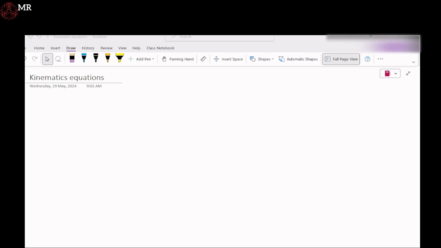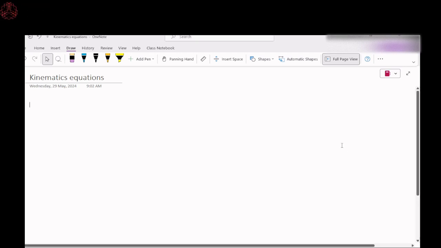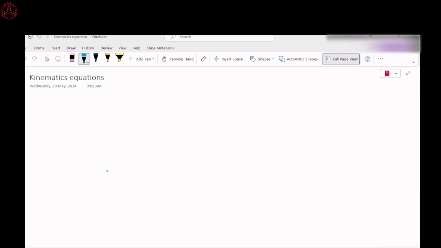And now we move on to kinematics equations. I'm just going to show a quick derivation for the 4 equations of kinematics that you will need. So let's get into it. We begin by defining our average acceleration.